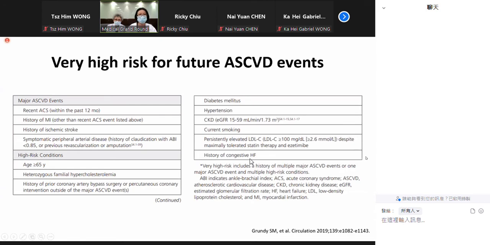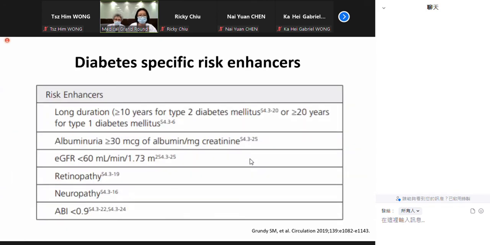We mentioned that diabetes really increases the risk of ASCVD. So what's specific in relation to diabetes that would also increase that risk? Obviously, people with very long disease duration, say over 10 years for type 2, or over 20 years with type 1 diabetes. Albuminuria is also a very important predictor.